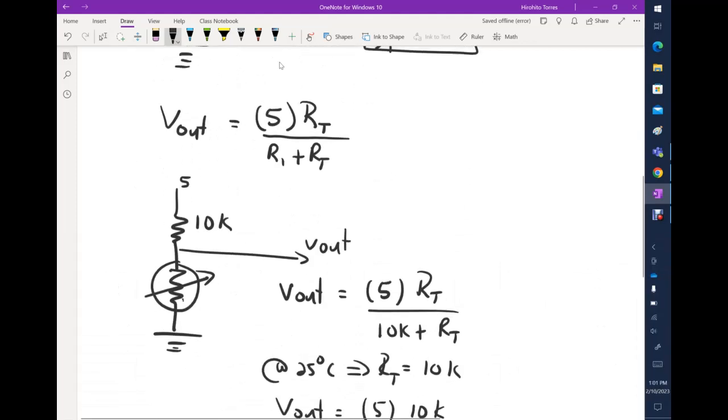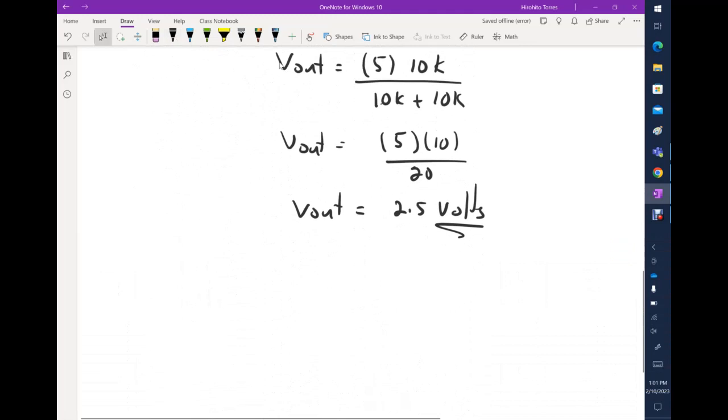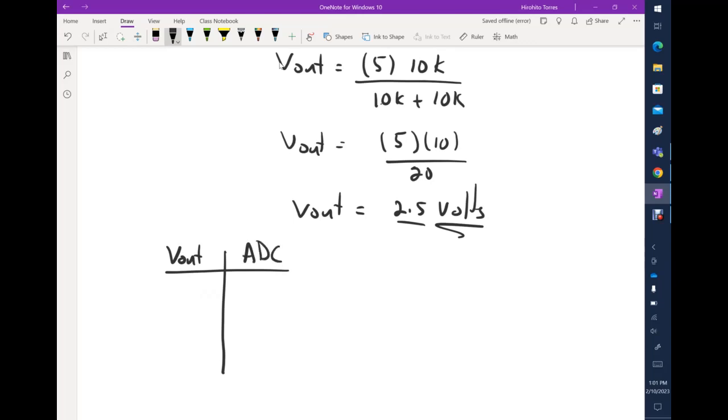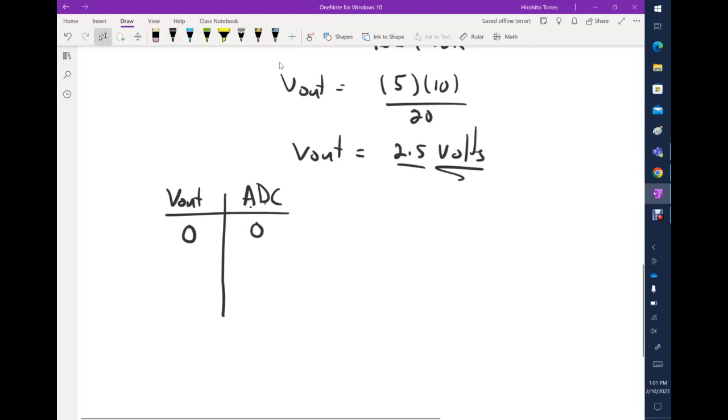With that said, basically the idea is now that the voltage needs to be converted to ADC, analog to digital converter, and this is done within the Arduino. The Arduino Uno that we are using does the conversion like this. For example, 0 is 0 ADC, and the maximum voltage value here is 5. 5 in the Arduino is 1023.